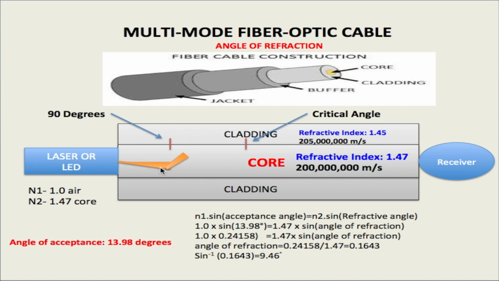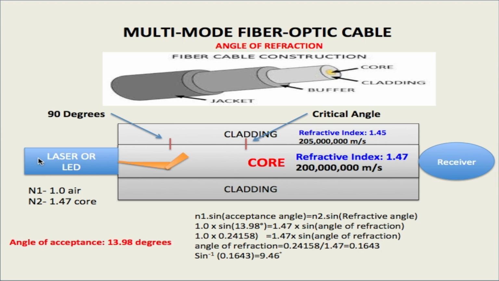So here we have our light coming in, like we just talked about, at this 13.98 degrees. But we see the light stop and it changes direction. The reason this happened is because of a change in refractive index. Light in a vacuum or in the open air has a refractive index of 1.0.